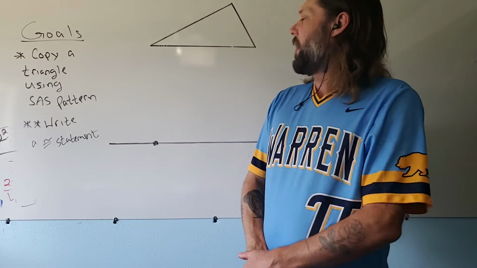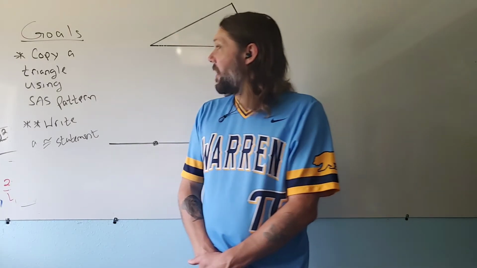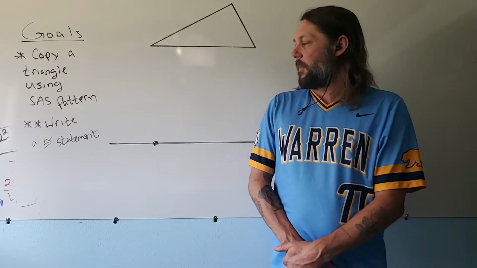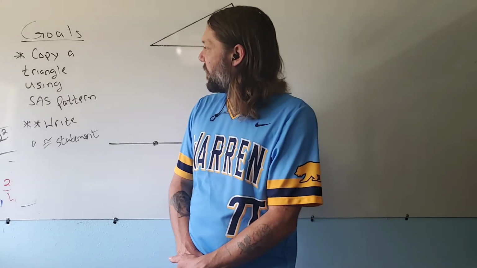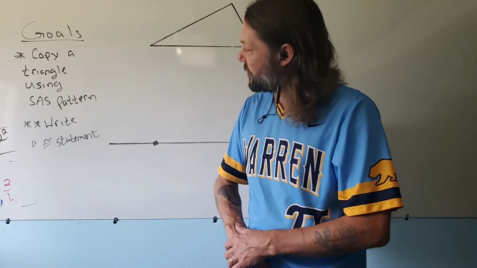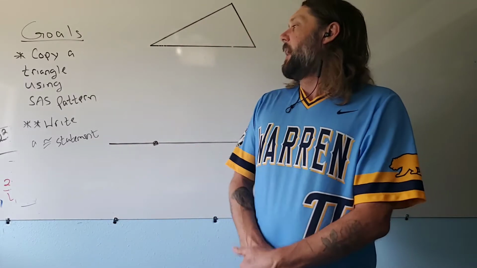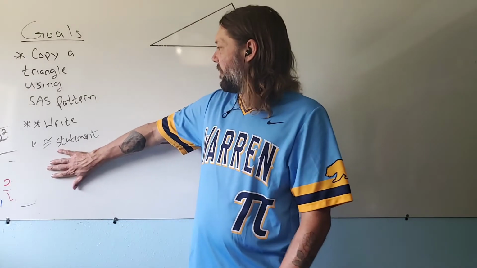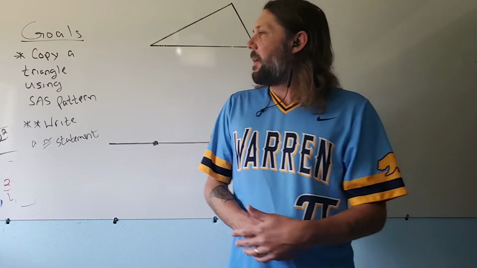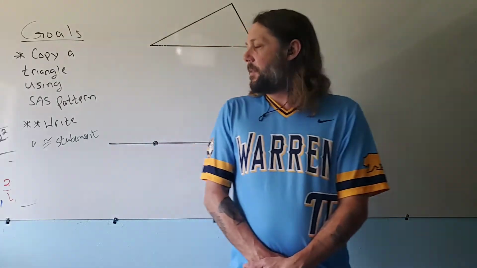What that means is if I copy a side, then copy an angle, and then copy another side, I've built an identical triangle to the one that I was copying from. After I copy the triangle, I'm going to label the vertices of the triangle, or the angles of the triangle, and write a congruent statement. You're going to see how this step comes into play later on in the semester.